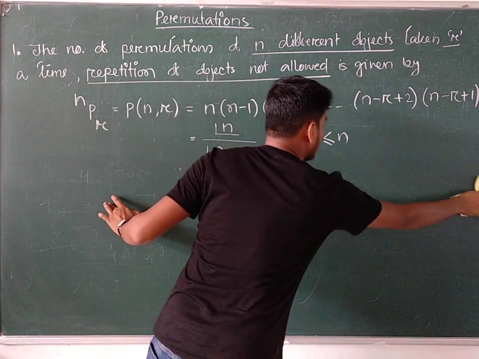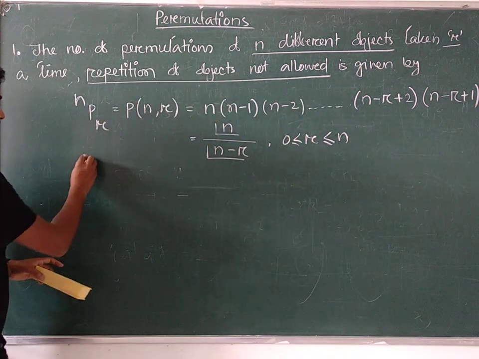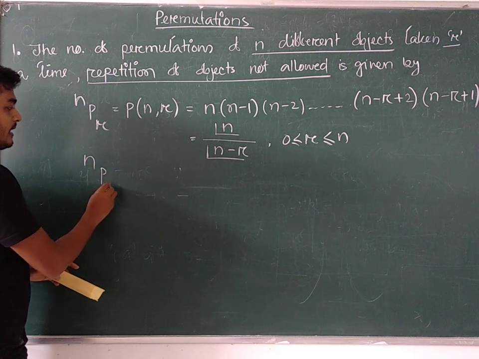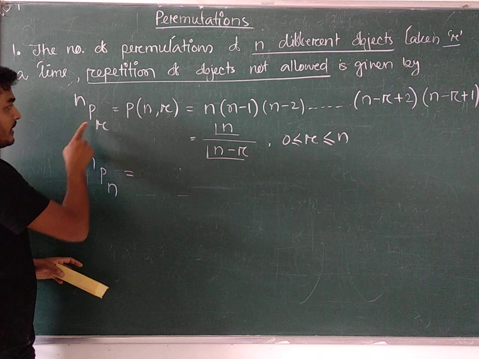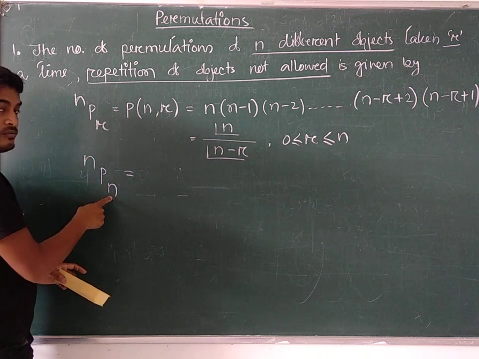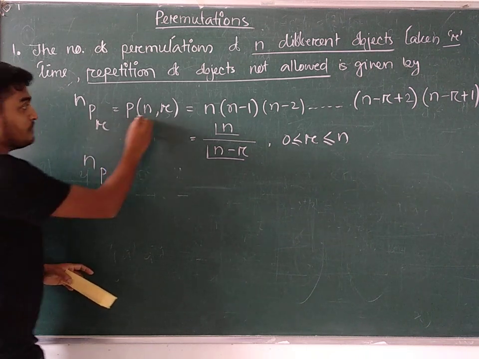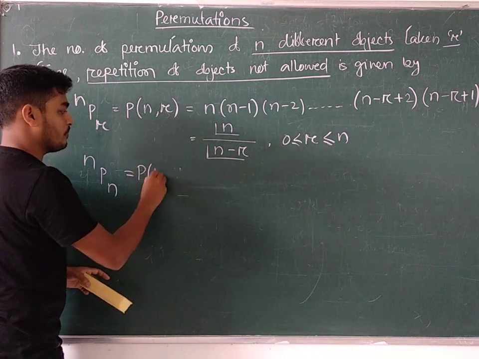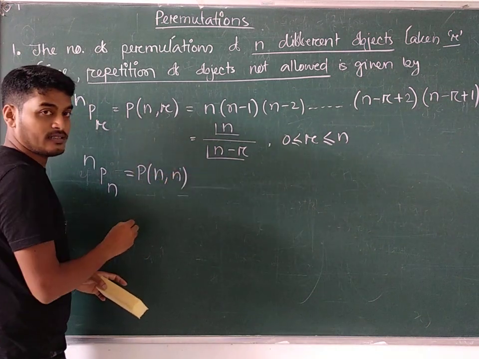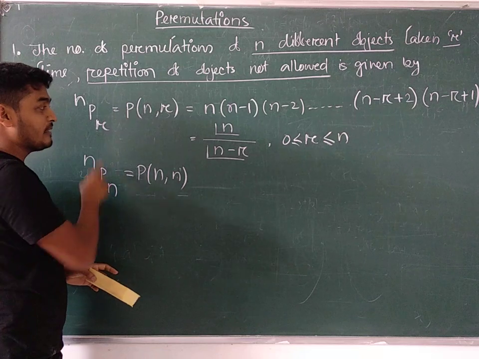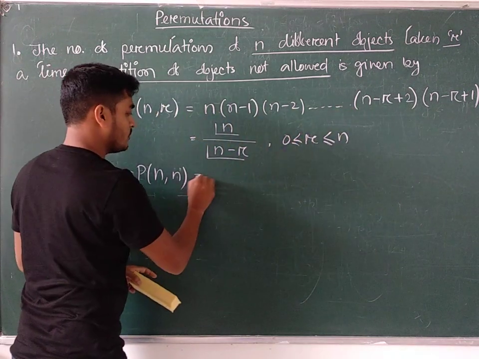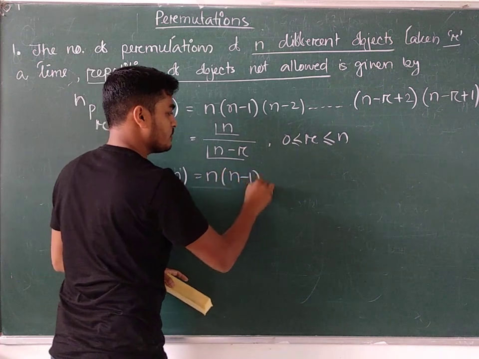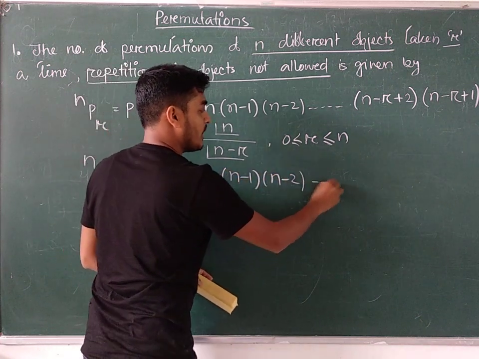Okay, so what is the value of nPn? nPn is equal to what? In place of r we have to write n, and remember the same expression. This is nothing but n comma n. Am I correct? That means wherever r is there, in place of r we will write n. So in this expression, what will happen? N into n minus 1 into n minus 2 up to what?